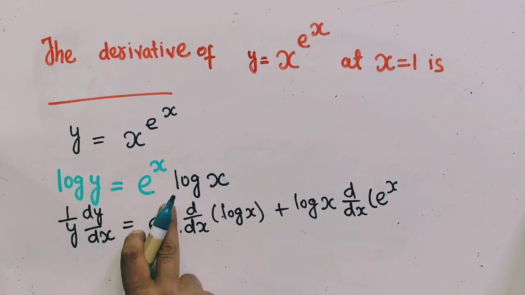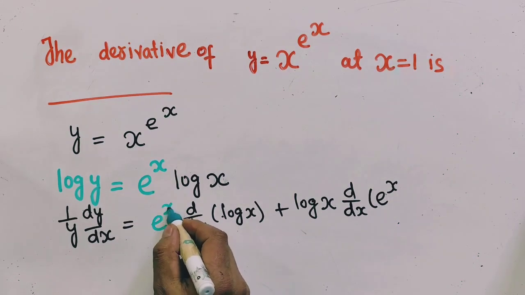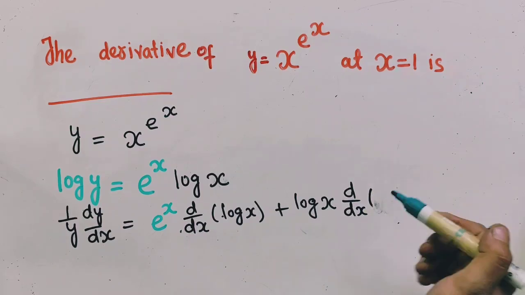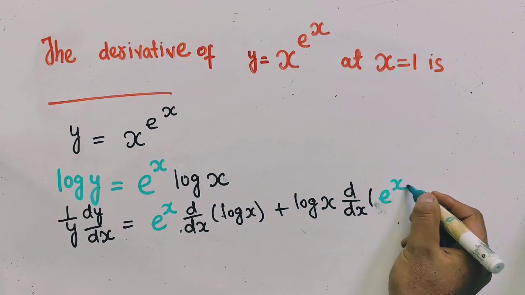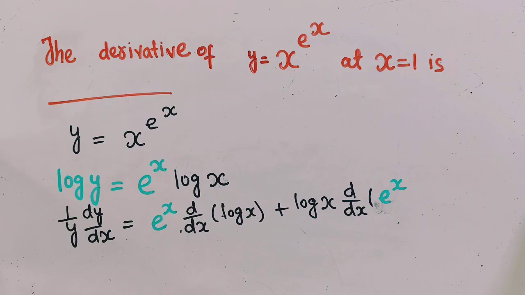Okay, so let me use the proper color here. We have e raised power x, here we have also e raised power x.